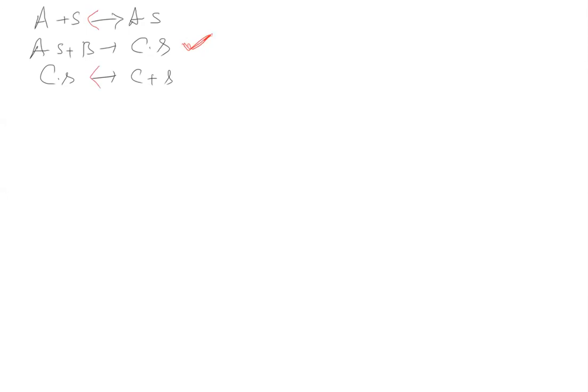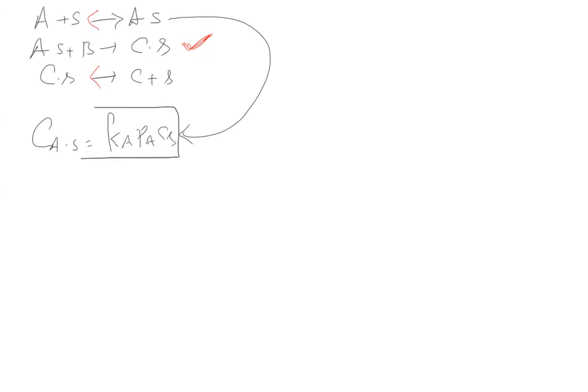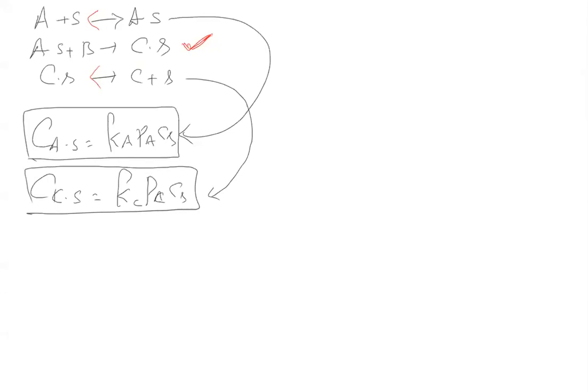Now, for the reversible steps, what can you write? Take this equation: C_AS is equal to K_A P_A C_S. You don't need to write all the equations again, since we have already written them; you can directly write. From this one, C_CS is equal to K_C P_C C_S. These you can write directly.